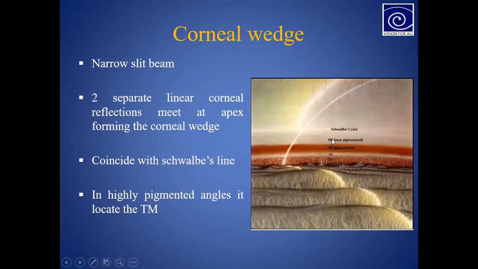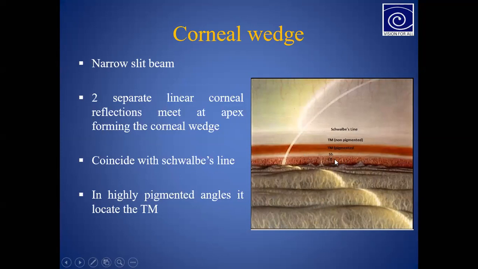The anterior trabecular meshwork will be non-pigmented, and the posterior trabecular meshwork will be pigmented, with a grayish pattern. Just after the posterior trabecular meshwork you will see the scleral spur, a whitish band-like structure, and then the ciliary body band.